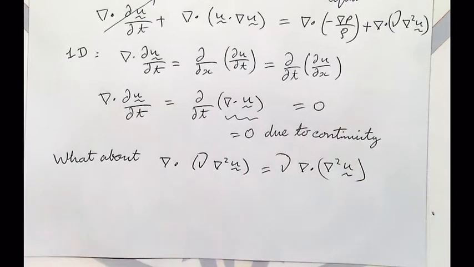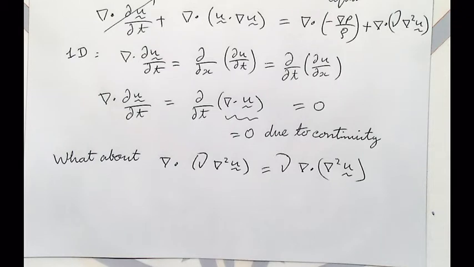All right, what should we do now? Should we say this is 0 as well?